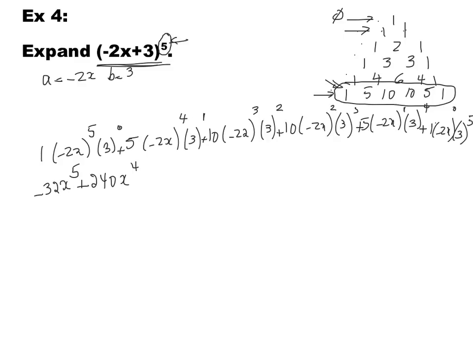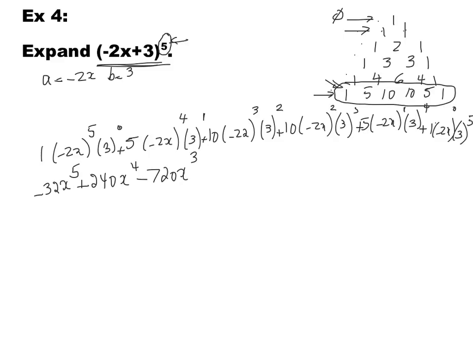The next one, negative 2 exponent 3 is negative 8 times 9 is negative 72 times 10 is negative 720 x exponent 3. The next one, negative 2 exponent 2 is 4 times 3 exponent 3 is 27. So 4 times 27 is going to give us 108.